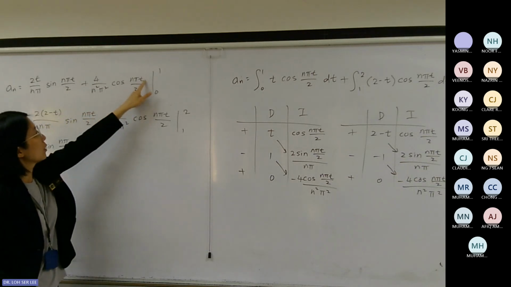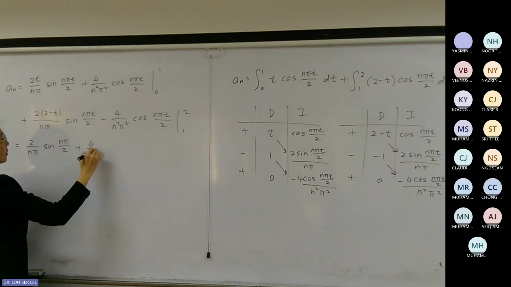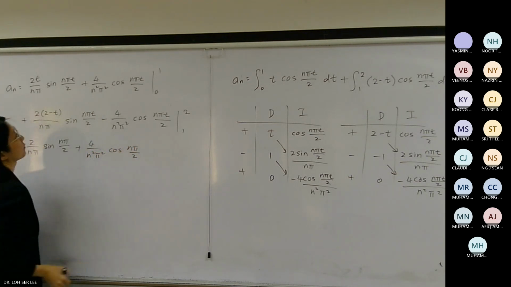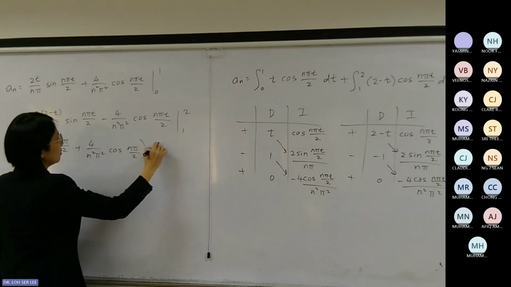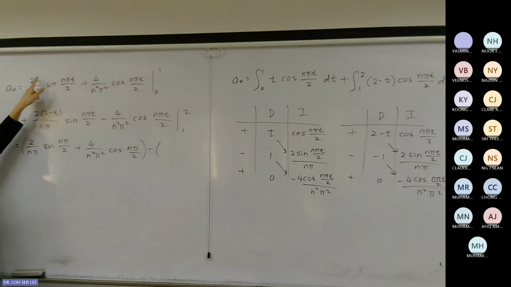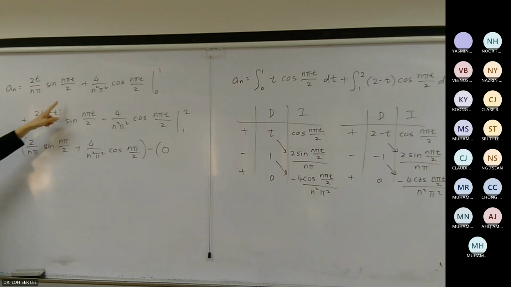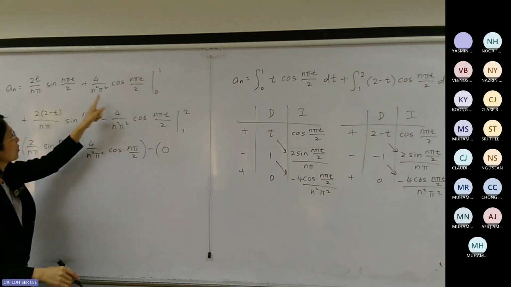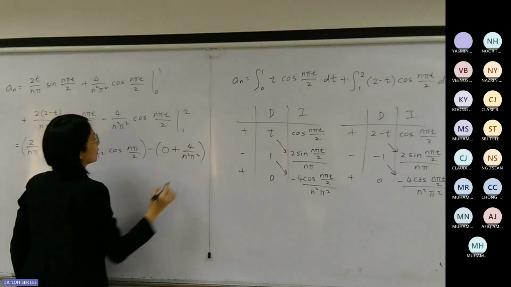Then when t is 1, you have cos n pi over 2. And minus 0 into this t, and also this t, you get 0. Then 0 into this t, cos 0 is 1. So you have this plus 4 over n squared pi squared.